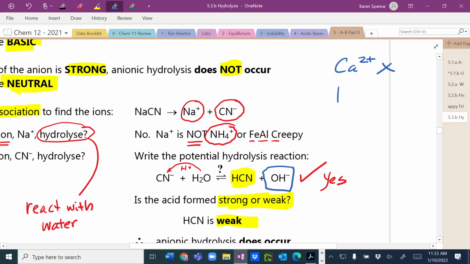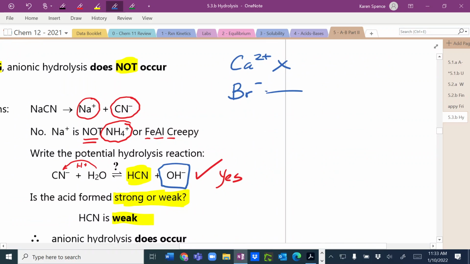How about bromide? When we look at the anion, what do we need to ask ourselves? We ask ourselves, is the conjugate acid strong or weak? Is the conjugate acid of Br minus strong or weak?